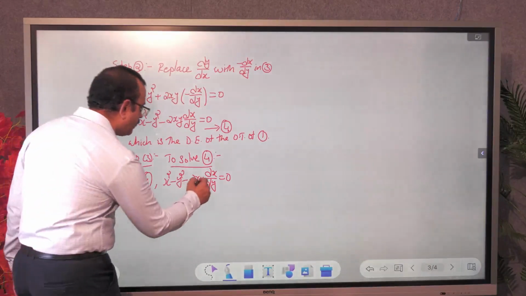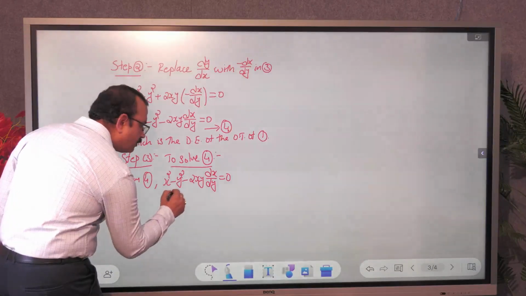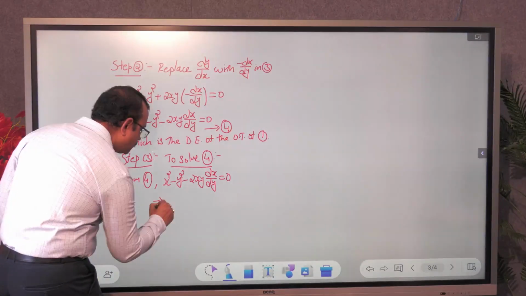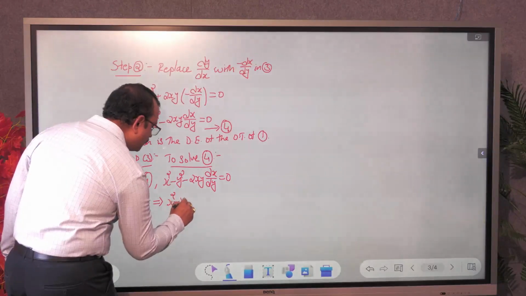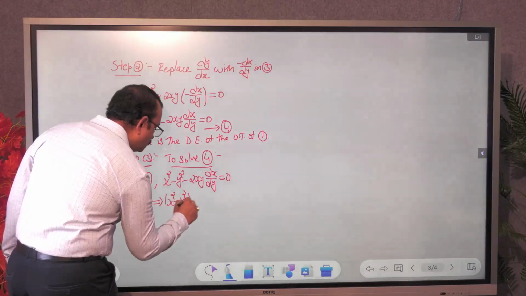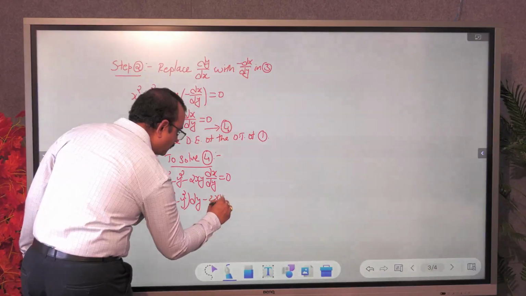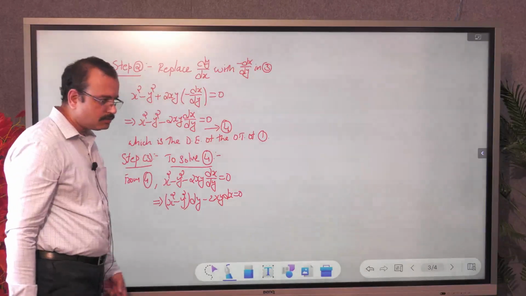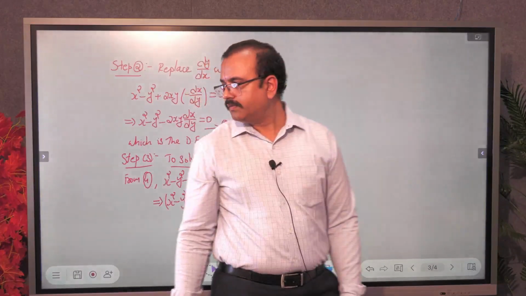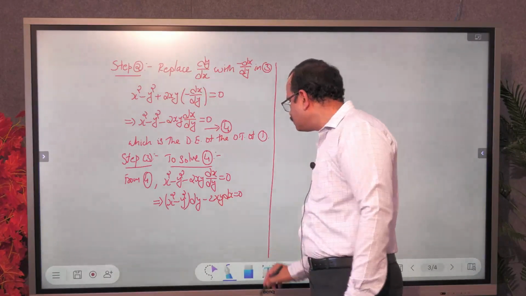So now here we have, let us try exact differential equations. So what we have? (x square minus y square) into dy minus 2xy into dx is equal to 0. So many methods are there. In this method, the exact method, we will try to solve this.